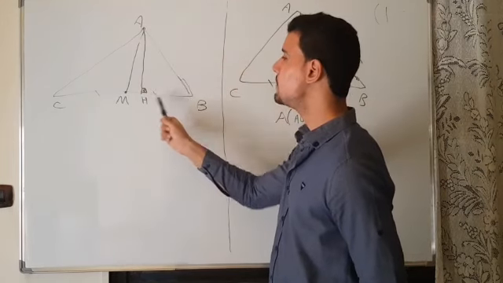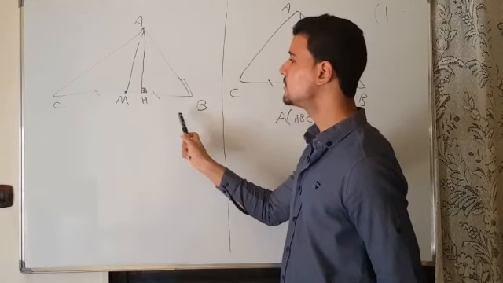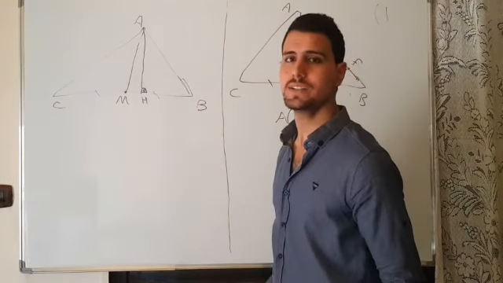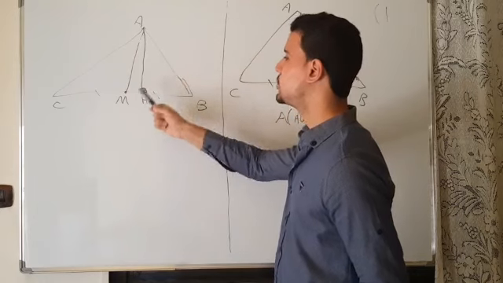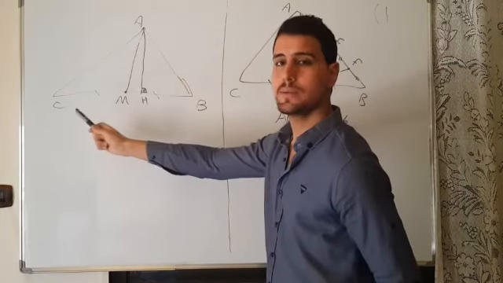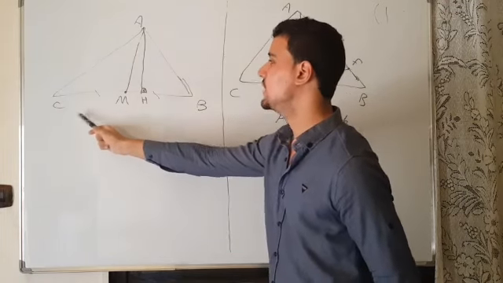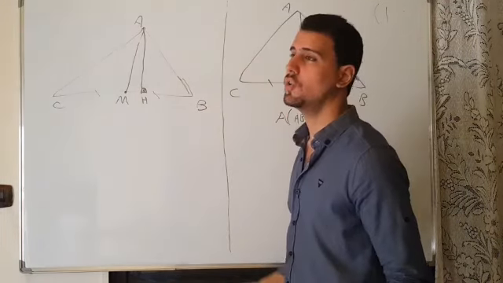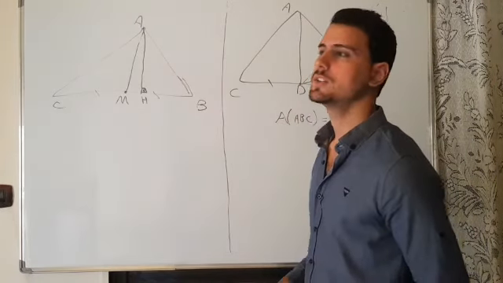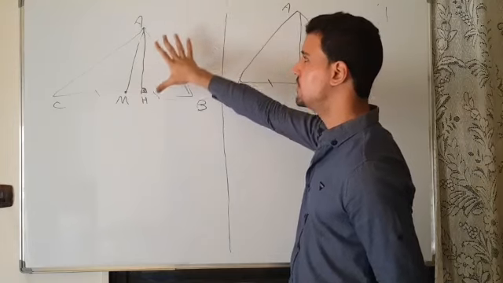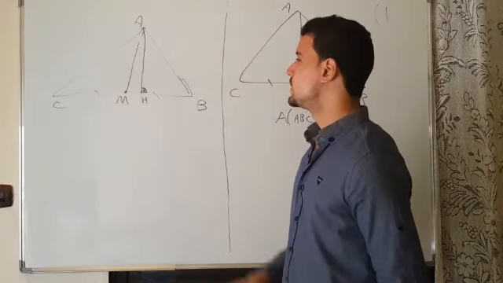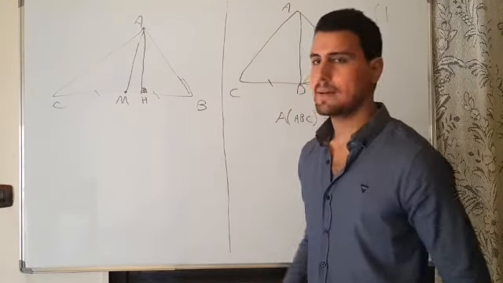The area of ABM equals MB multiplied by AH over 2, right? Half AH multiplied by MB. While the area of AMC equals MC multiplied by AH over 2. But as we know, MB equals MC. So easy as that, we establish that the area on the right equals the area on the left. So the theory is established.